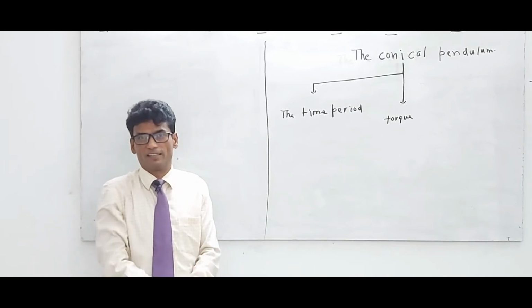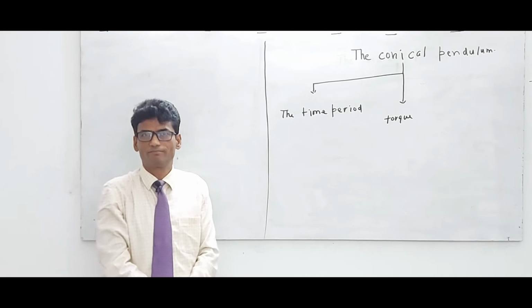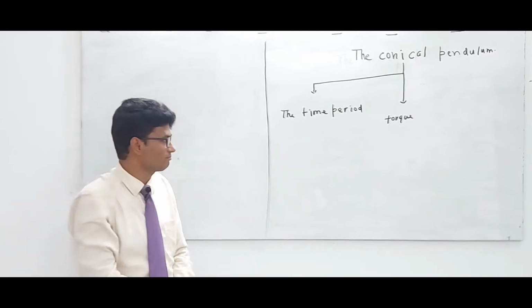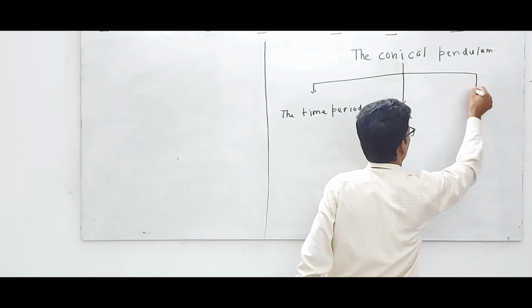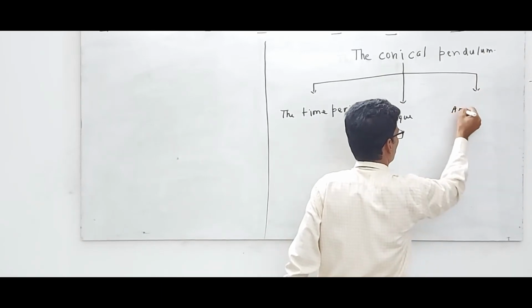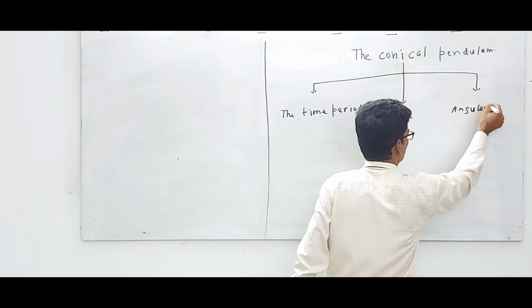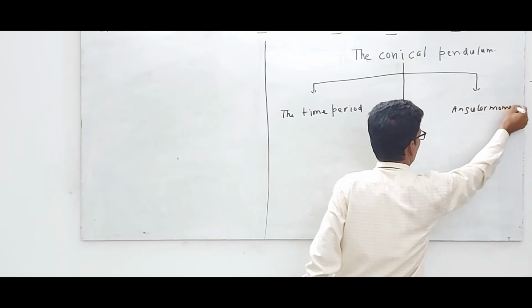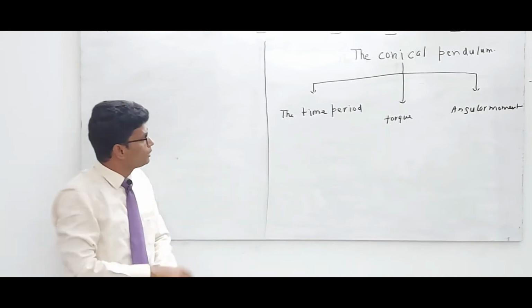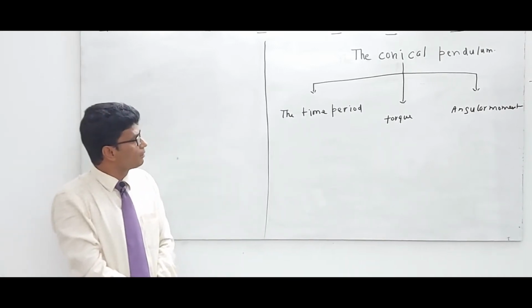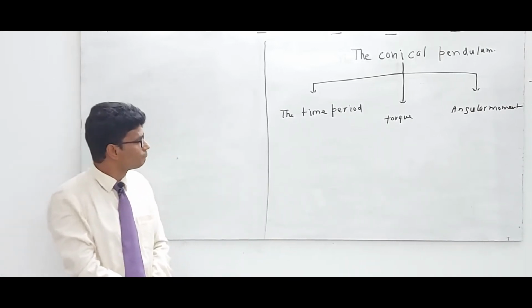That is why it is very interesting. Today we will see how. And then we will take up angular momentum. So these three things we are going to take up in this article, the conical pendulum.